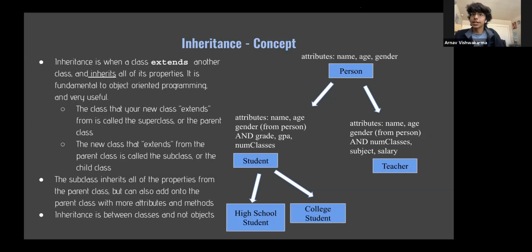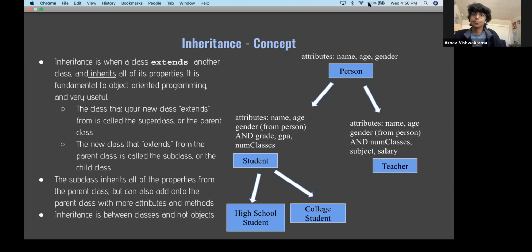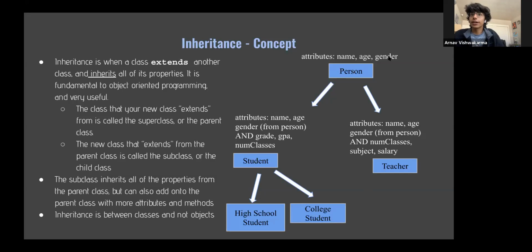If we look on the right side of the screen, we can see a simple visual of inheritance where we have this class person with the attributes name, age, and gender. Person is considered to be our superclass or parent class in this situation, since it has these two children, student and teacher.